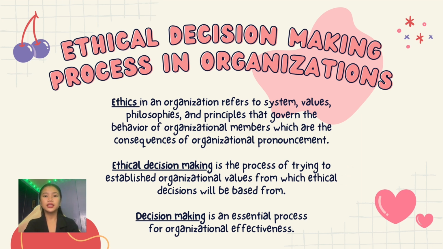And next, ethical decision making is the process of trying to establish organizational values from which ethical decisions will be based. Ethical decision making involves establishing organizational values as a foundation for ethical choices. This process requires leaders to consider three key questions.